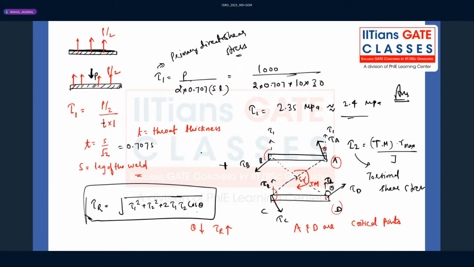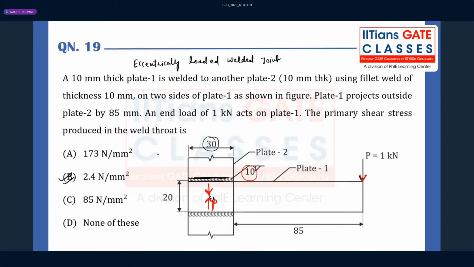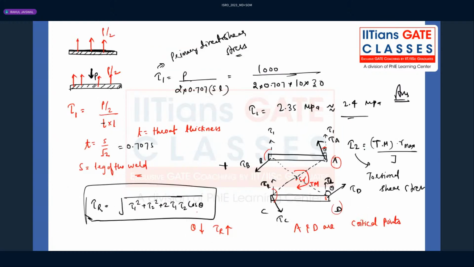So that's how we have to calculate for this particular problem. They are asking primary shear stress, not secondary or torsional shear stress. If they would have been asking torsional shear stress, then this problem would have been somewhat lengthy, because polar moment of inertia is not a very easy task to calculate for this segment.